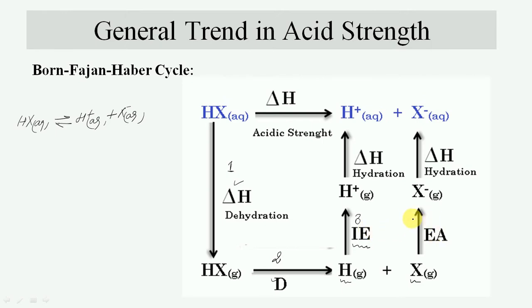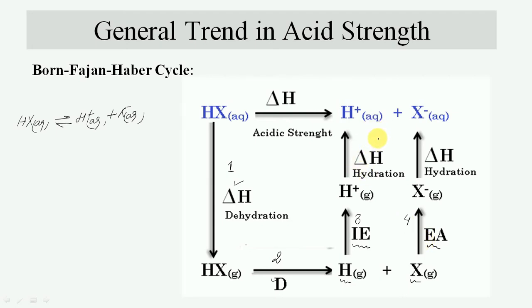Then step number 4. In step number 4, the gaseous halogen atom is converted into gaseous halide ion X minus. The amount of energy released in this step is represented by EA, that is called electron affinity.